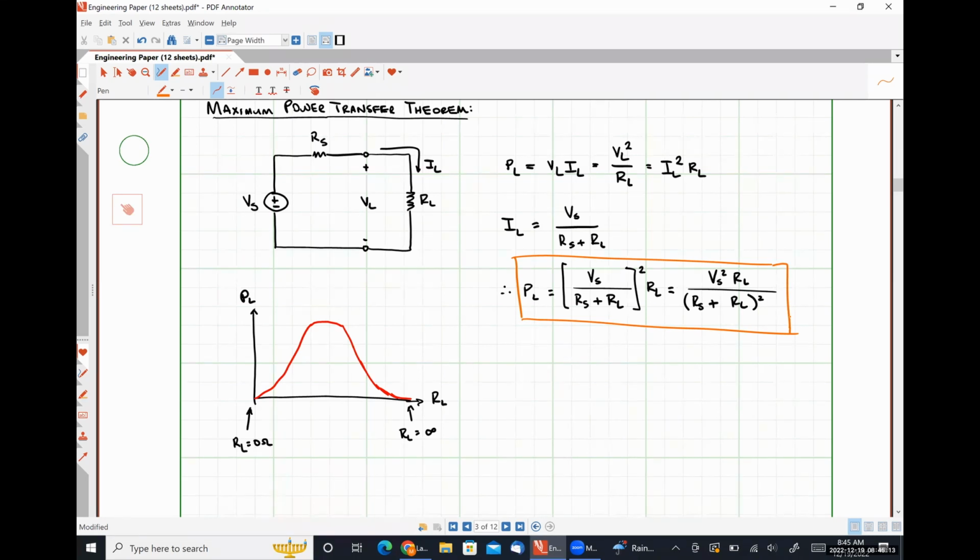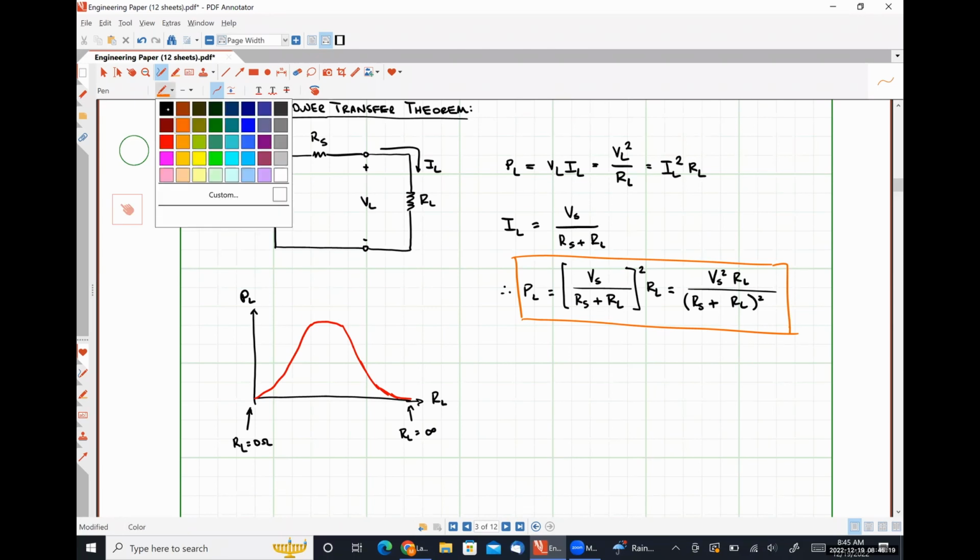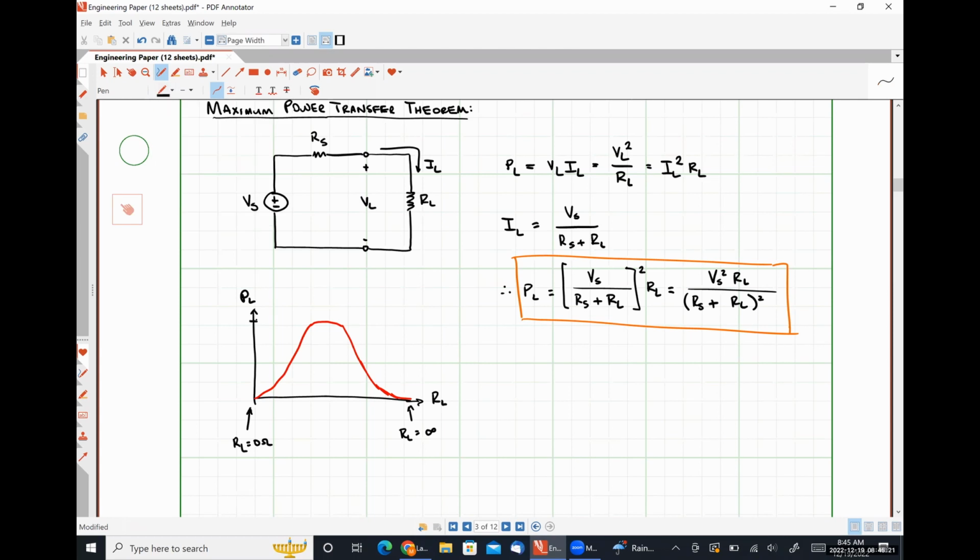One thing that I'd like to point out, though, is that let's say this peak value of the power was 100 watts. There's going to be exactly one value of RL that causes this circuit to deliver that peak value.